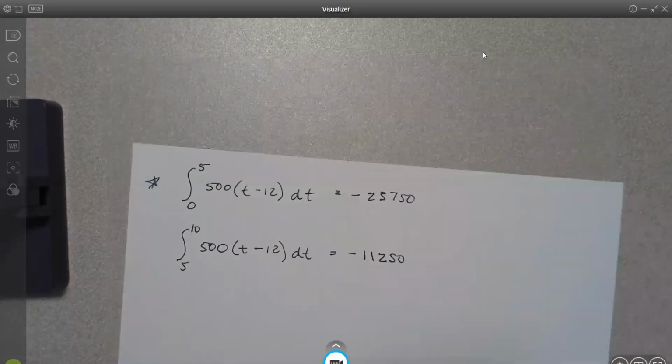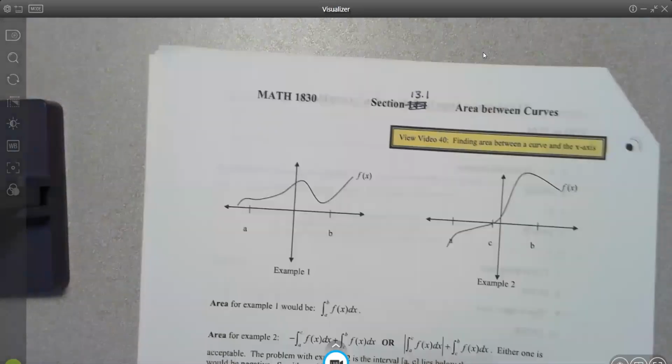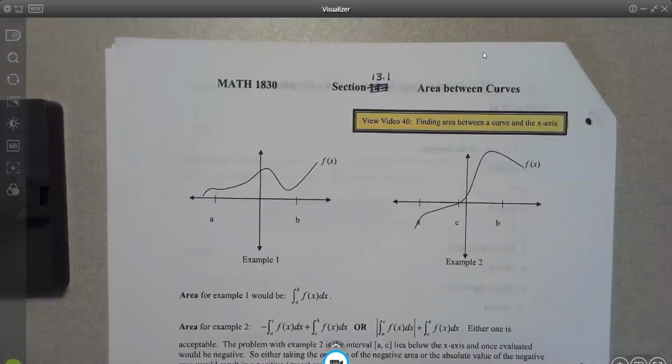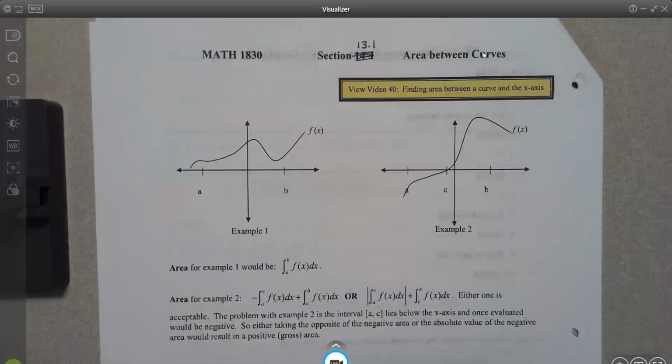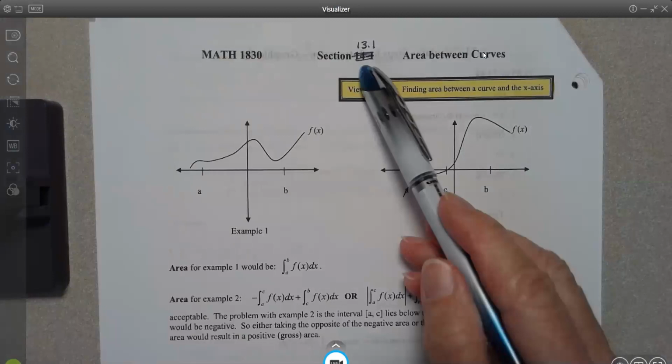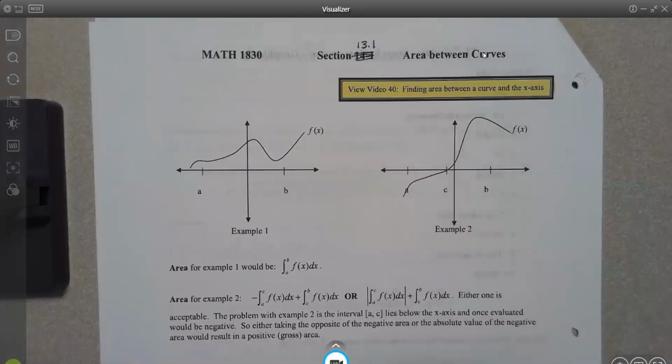Now, I'll look a little bit at 13.1. This is an old print off. It used to be, they left out one chapter in the book, so it threw everything after that one chapter off by one.